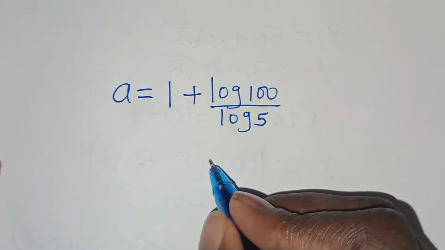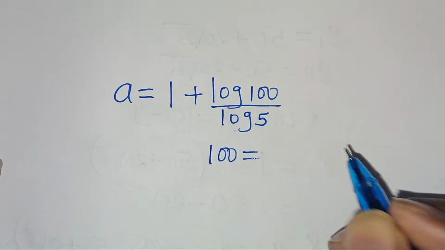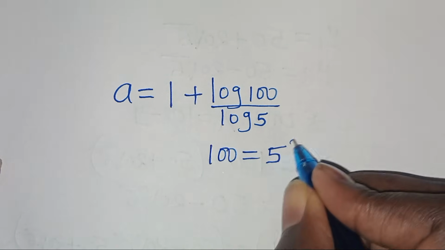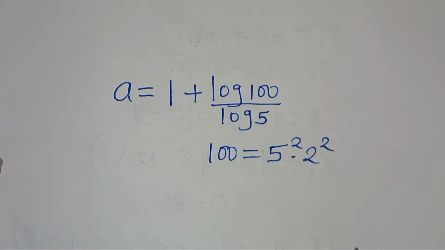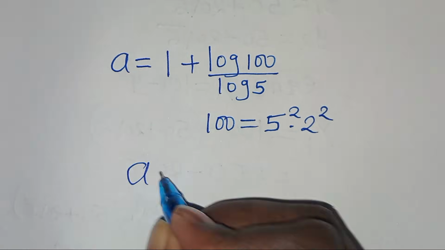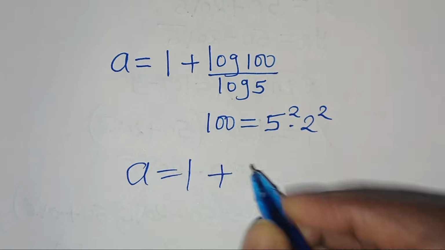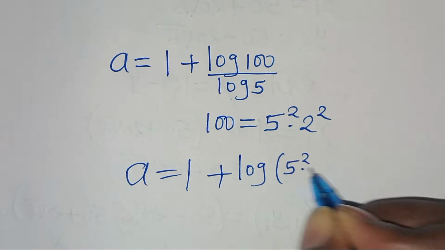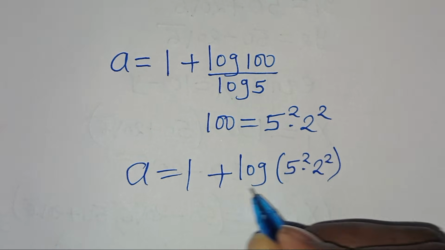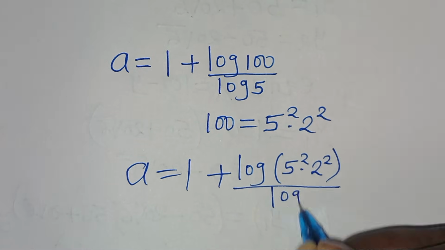Now we can express 100 as the same thing as 5 to the power of 2 multiplied by 2 to the power of 2. So this implies that a is equal to 1 plus log of 5 to the power of 2 times 2 to the power of 2, everything divided by log 5.